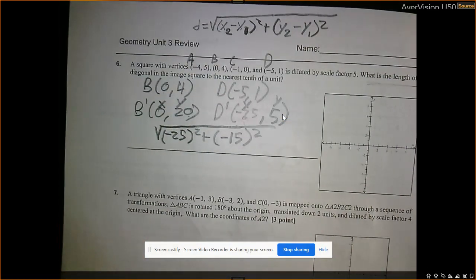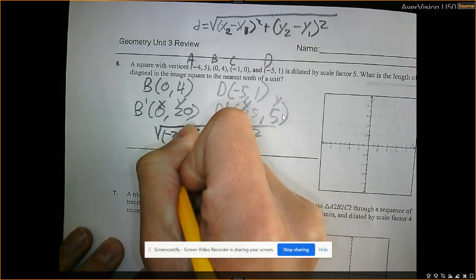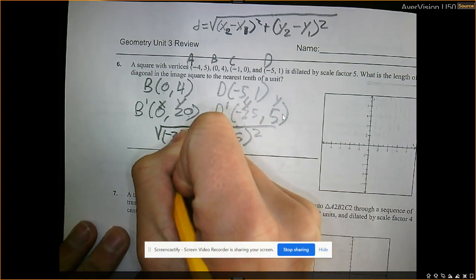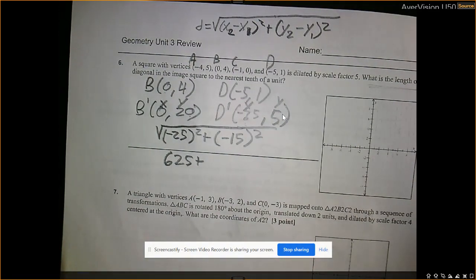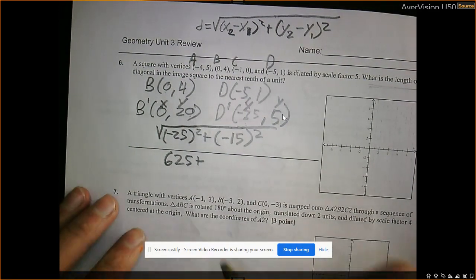And then we just go ahead and get out our calculator, and I can do negative 25 squared. That's going to be 625. Remember, anytime you're squaring a negative, it should be a positive. And then 15 squared is going to be 225.